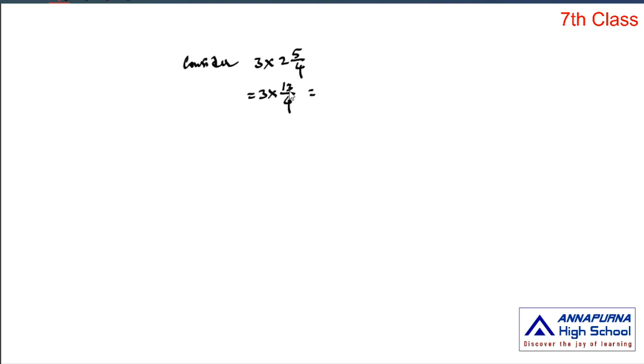Multiply the whole number and the numerator of the fraction, 3 into 13, keeping the denominator the same. So 3 13s are 39 by 4. Divide 39 by 4. How many times? 4 9s are 36. 39 minus 36, the remainder is 3. Therefore, 9 3 by 4.